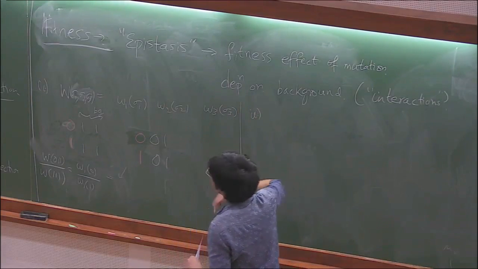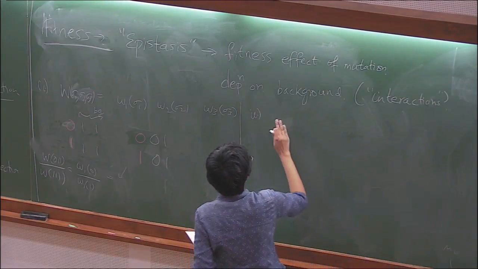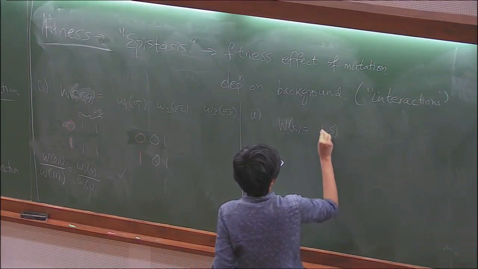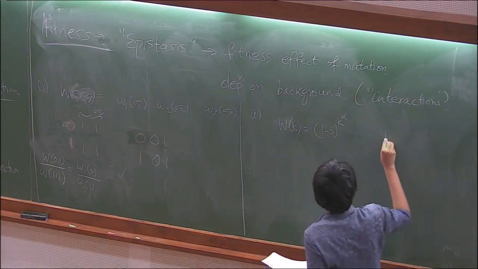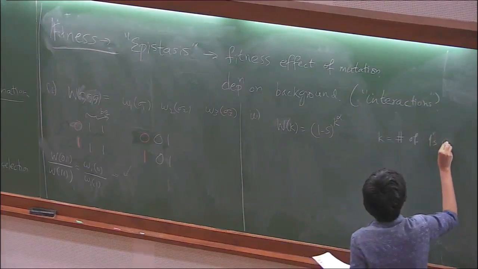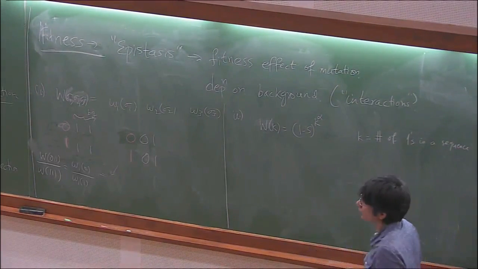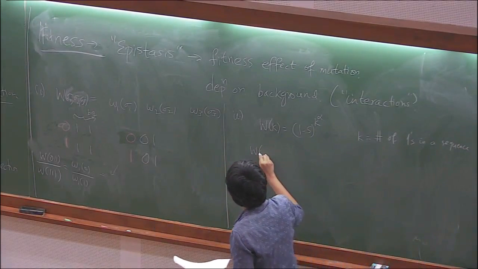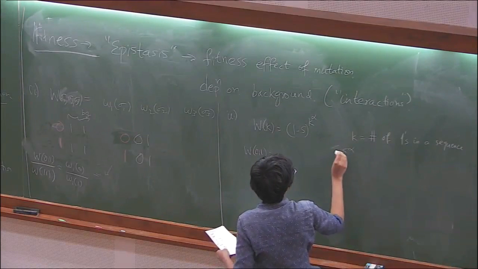So when do I have epistasis? Let me give you some examples. Suppose K is the number of ones in a sequence. Then for the first sequence, alpha is any number between 0 and infinity.